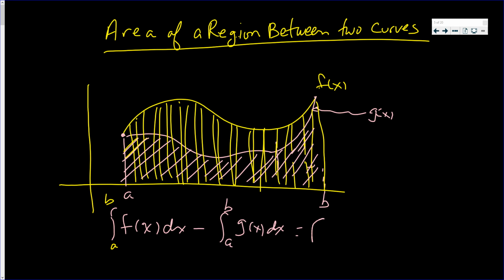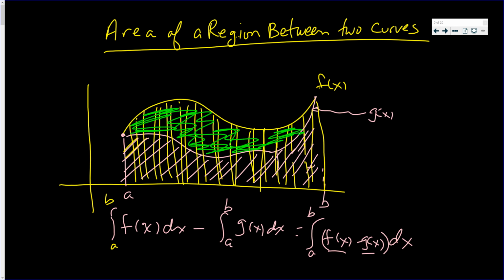And this is nothing more than the integral from A to B of f of x minus g of x dx. The top function minus the lower function. That subtraction would only give me this area.